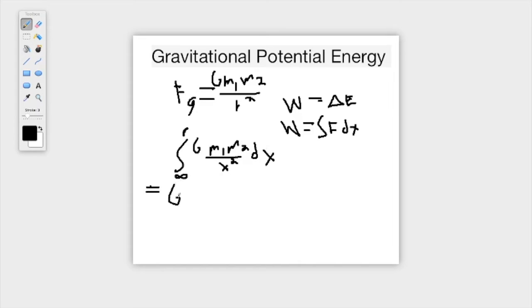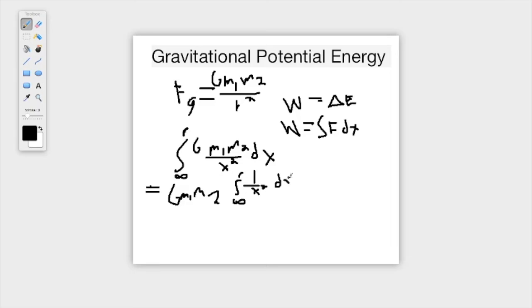So G, m1, m2 times the integral from r to infinity of 1 over x squared dx.